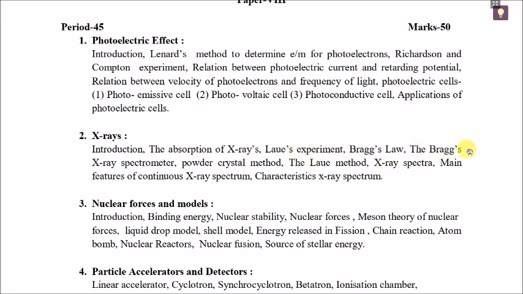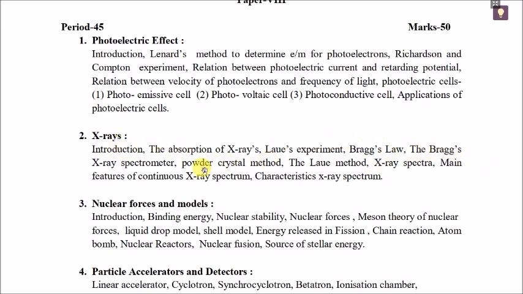Then Bragg's law, which will decide the directions of the X-rays passing through particular materials, which depends upon this concept of refraction.